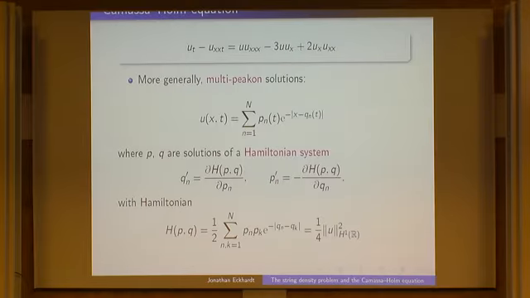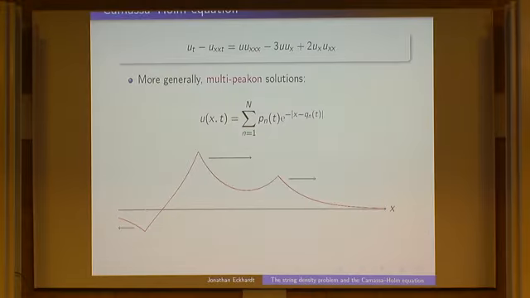And the Hamiltonian is given just by the H1 norm of the function u. So you can say that this Hamiltonian system is a finite dimensional reduction of the Camassa-Holm equation. And here's an example of such a solution.